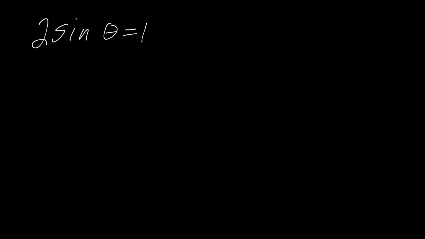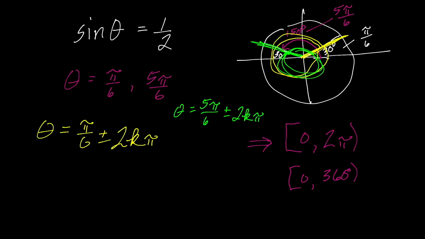Here's another very similar looking example, but it just takes it one step further. It says I have 2 times the sine of theta equals 1/2. When I solve this, I would solve it by dividing both sides by 2. So my next equivalent equation becomes the sine of theta equals 1/2, and that looks pretty similar to what I just did.